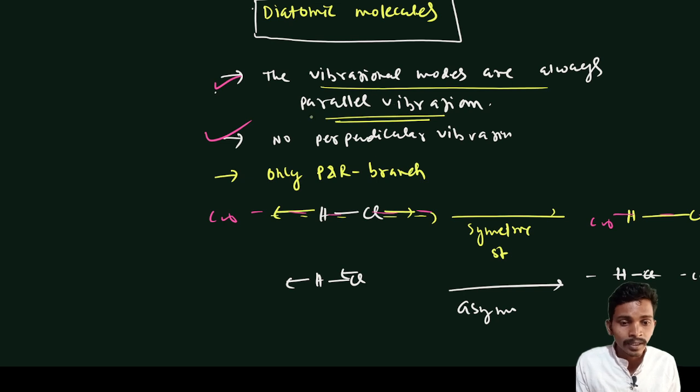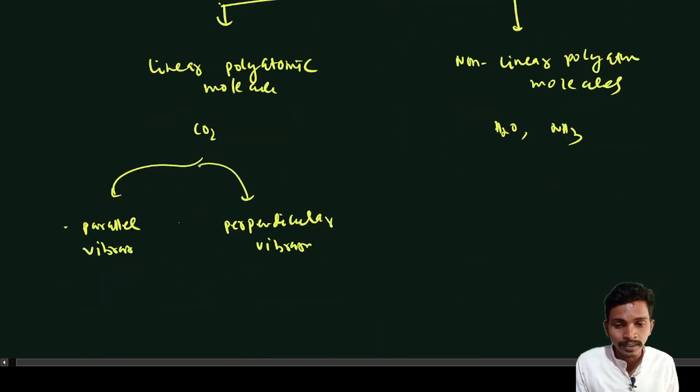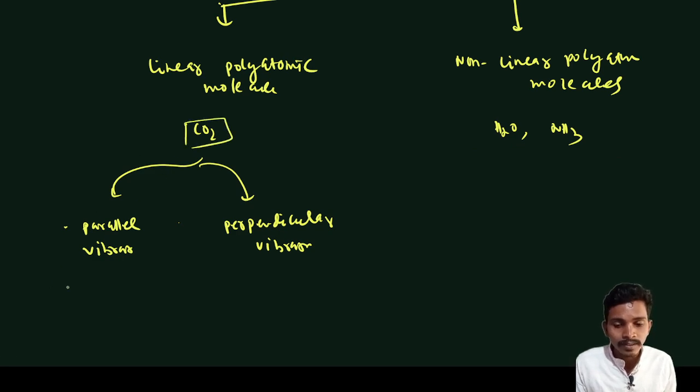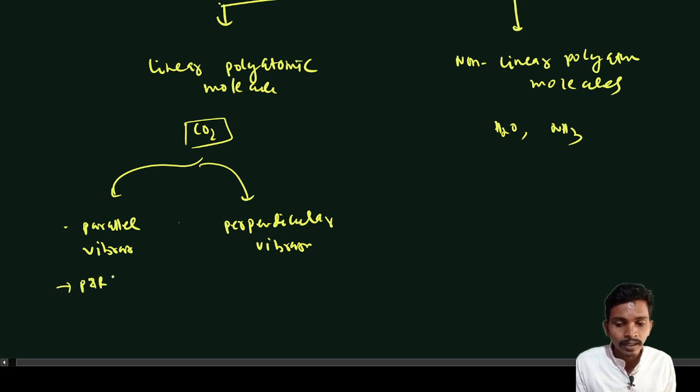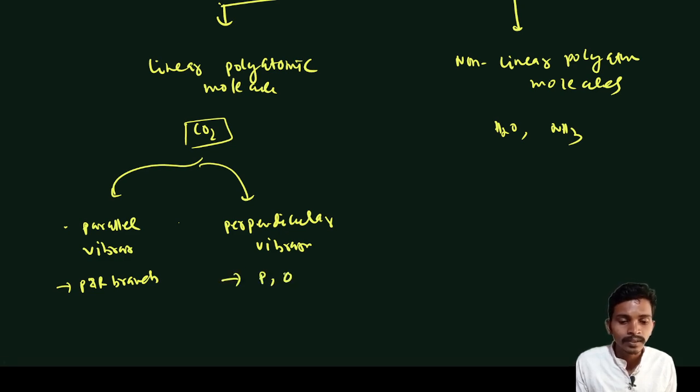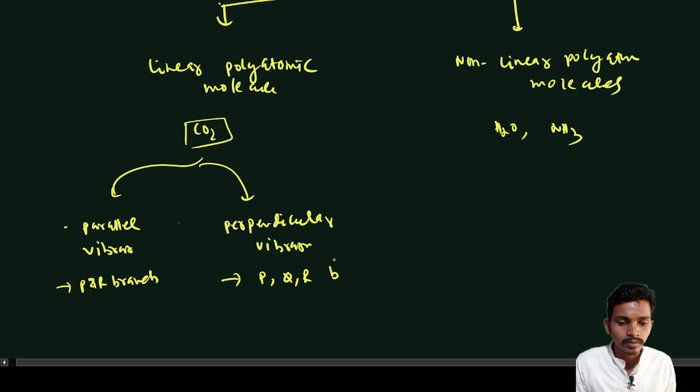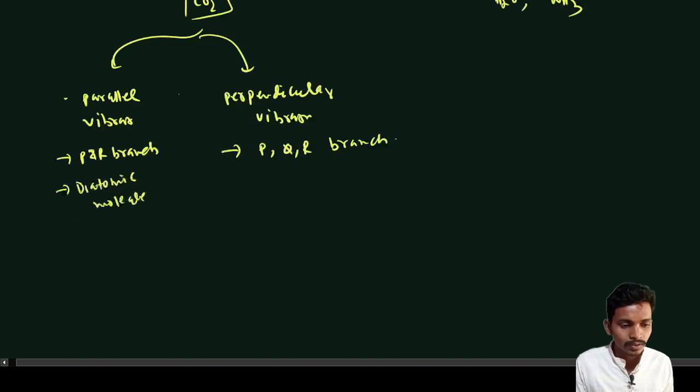So wherever there are parallel vibrations, only P and R branches. So for linear polyatomic molecules like CO2, parallel vibrations give P and R branches, and perpendicular vibrations give P, Q and R branches. For parallel vibrations it is similar to diatomic molecules, where we get only P and R branches.